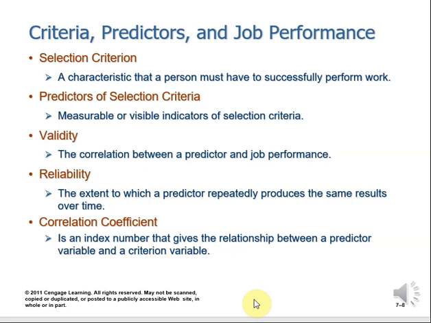Now, predictors are only as good as they are reliable and valid. And it is important that you note the difference between the two. Validity means that there's a correlation between that and job performance. So if your job is an engineer, then I could say the higher you score on the math test, the better engineer you're most likely going to be, because this job requires a lot of math. So there's a strong correlation between your score on this test and performance as an engineer.